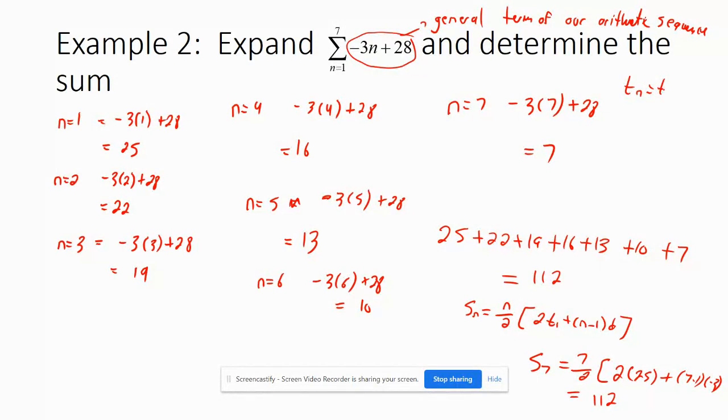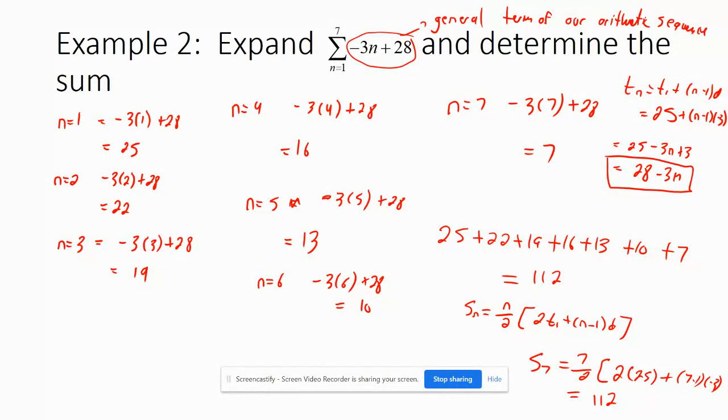Tn equals T1 plus n minus 1 d. That would be 25 plus n minus 1 times negative 3, which is 25 minus 3n plus 3, equals 28 minus 3n. Okay, so this is the general term of our arithmetic sequence.